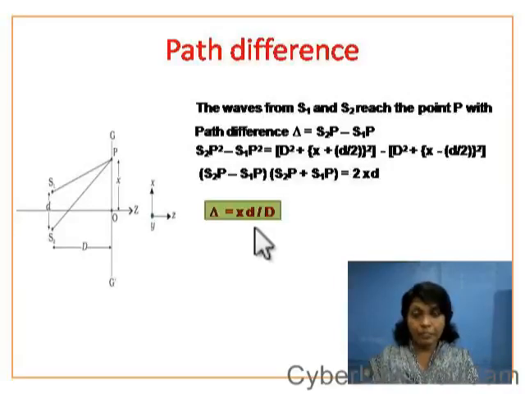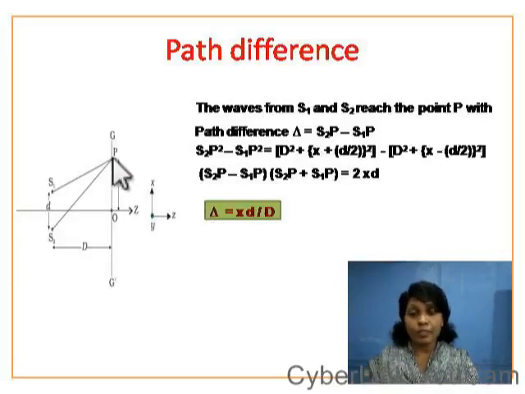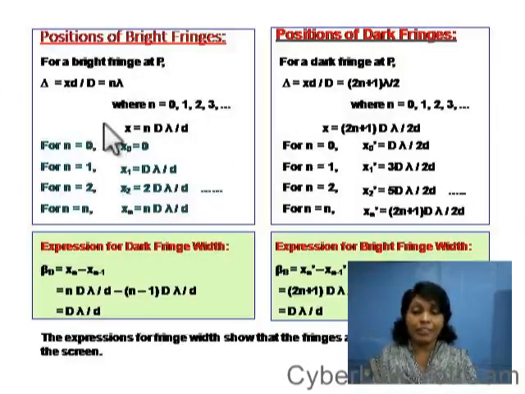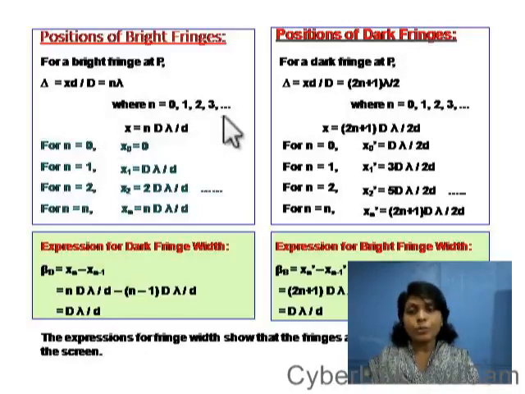This is not sufficient. We need to know what this path difference represents for this particular point under consideration. Now we will see if that path difference is equal to n times lambda as mentioned earlier, then for n is equal to 0, 1, 2, 3, etc., you get bright fringes on either side of the screen.